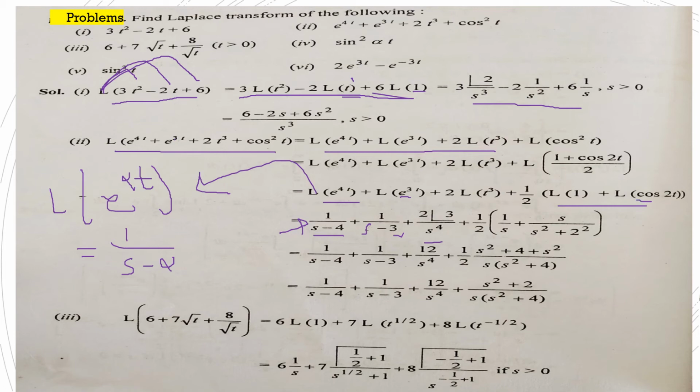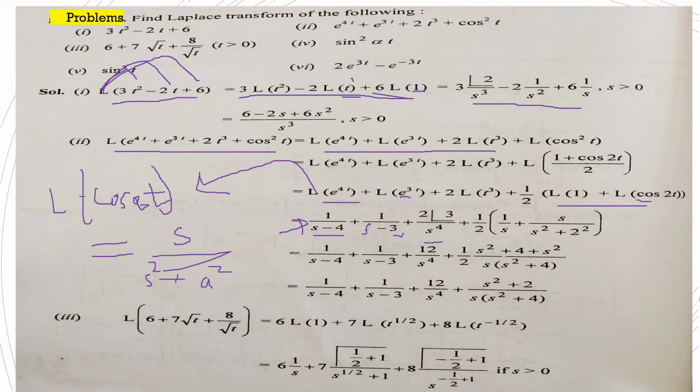Laplace of cos at. What is the formula for Laplace of cos at? Its formula is s upon s square plus a square.